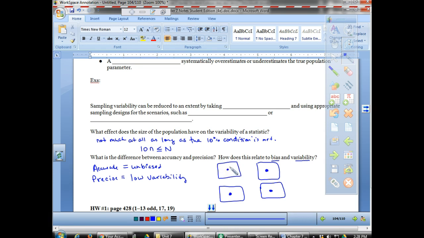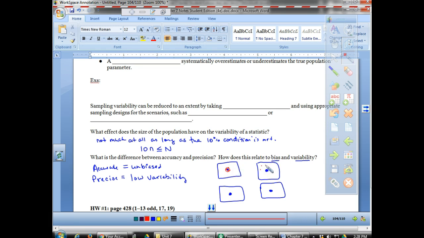Now, if you have a situation where you made a really good formula and it's pretty much spot on a lot of the time, okay? So if you averaged all of your estimates, they would pretty much be on the bullseye. And they're pretty close to the bullseye. You don't have a lot of fluctuation.